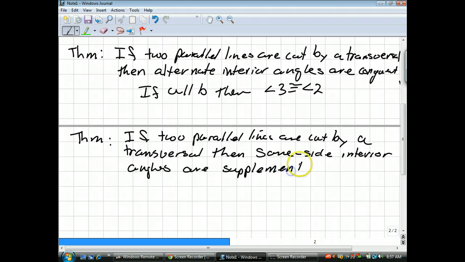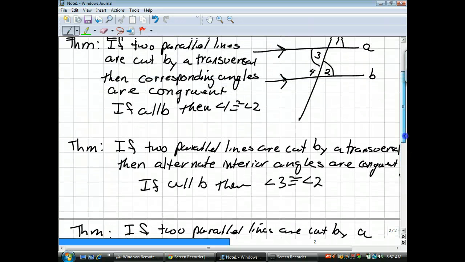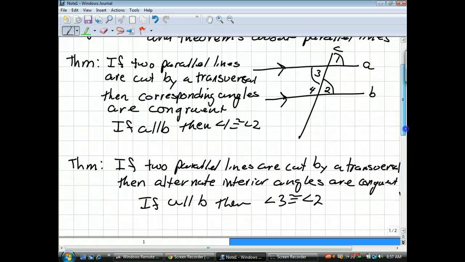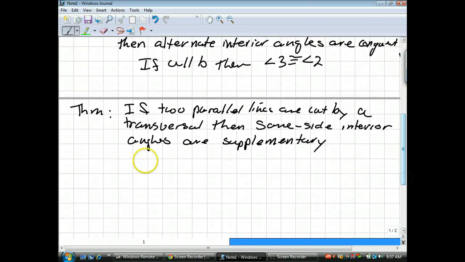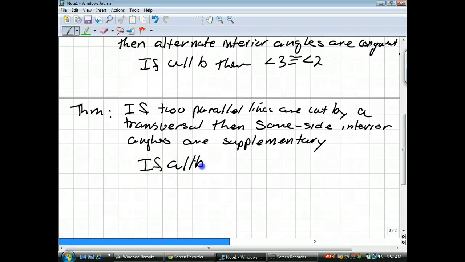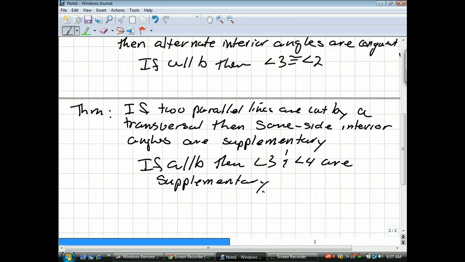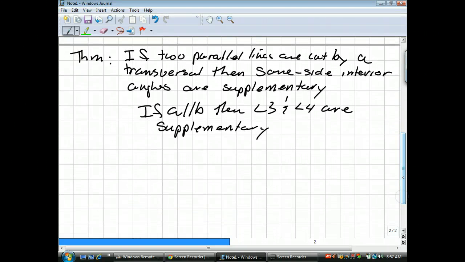Okay, so going back to our picture up here, angle 3 and angle 4 are same side interior angles. And so this theorem says if A is parallel to B, then angle 3 and angle 4 are supplementary. Meaning, remember that they add up to 180 degrees.